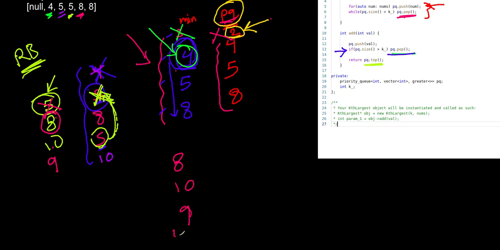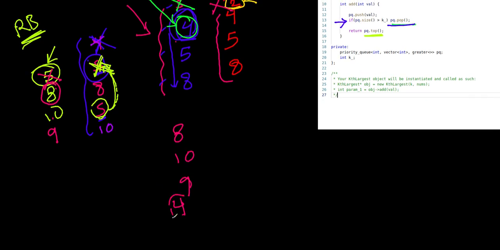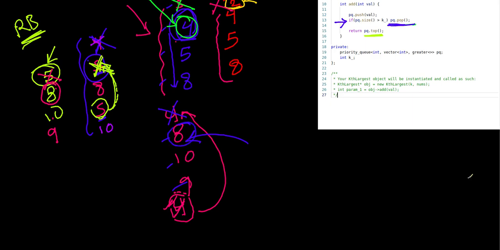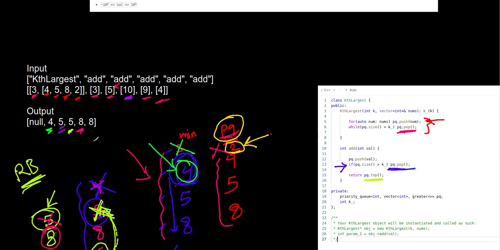Now let's add 4, and at the moment we add 4, it's the smallest, so it goes to the top of the priority queue, and we need to remove the smallest so that the number of elements in the queue is 3. We have 8, 10, 9, and we always return the top, which is the smallest, so the answer for the last add is 8.